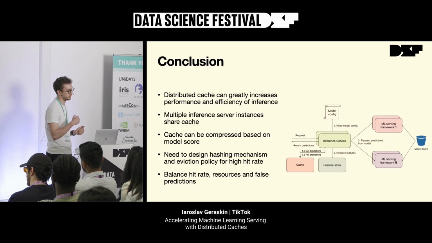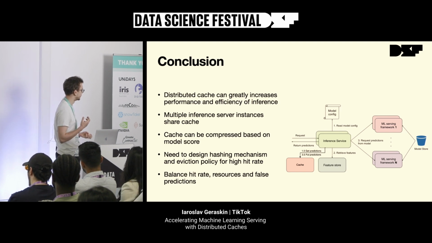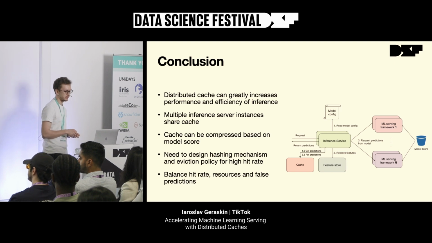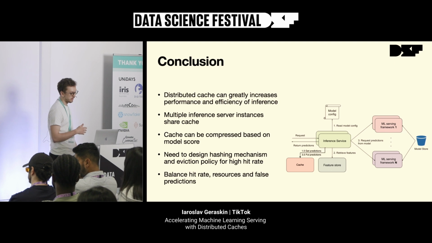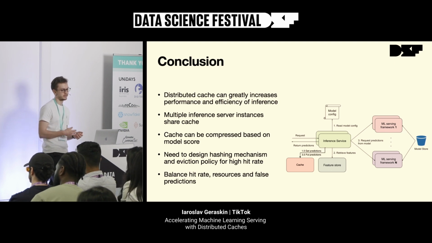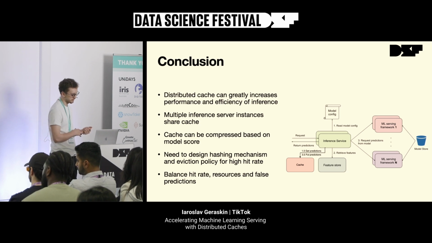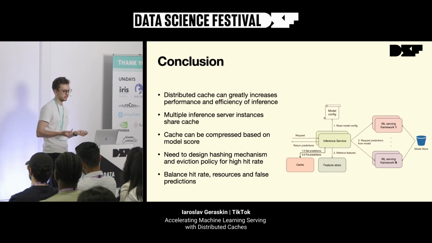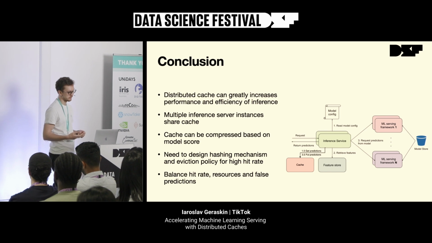What we need to design for caches is an efficient hashing mechanism to hash the requests, and we need to control an eviction policy to allow a high hit rate, because if the hit rate goes too low, it increases load on the serving services and feature storages, which we don't want because it increases the whole latency.